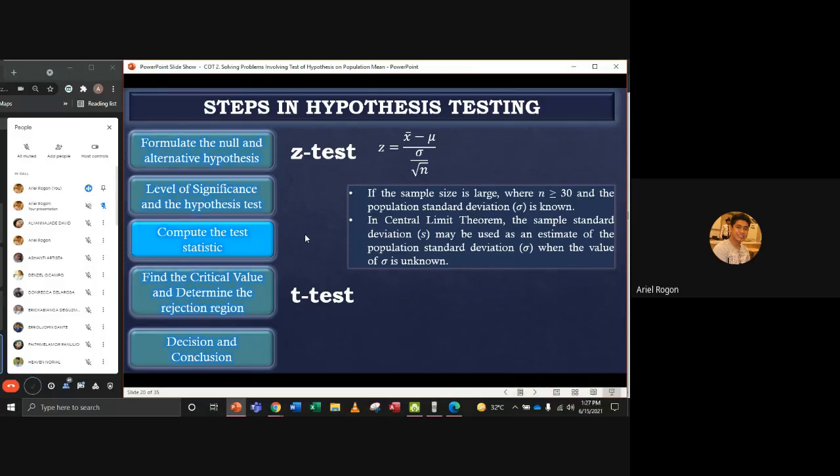How about the T-test? When we're going to apply the T-test? If the sample size is less than 30 and the population standard deviation is unknown. All right, very good. So when the sample size is less than 30 and the population standard deviation is unknown, the T-test is applicable for that given problem.